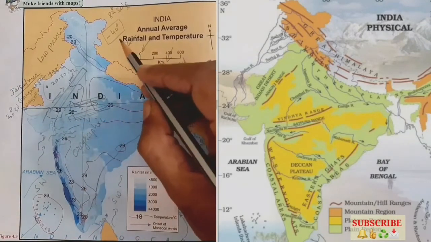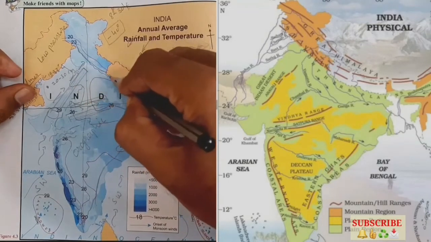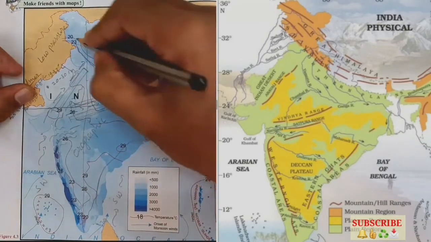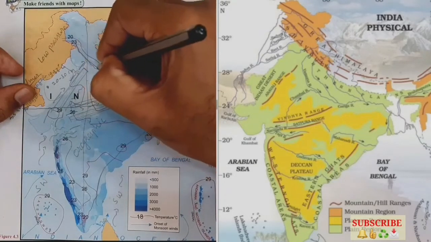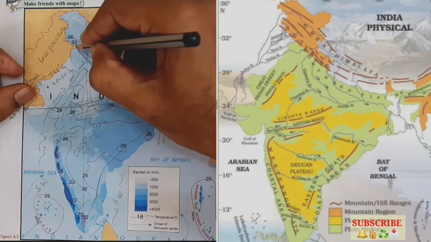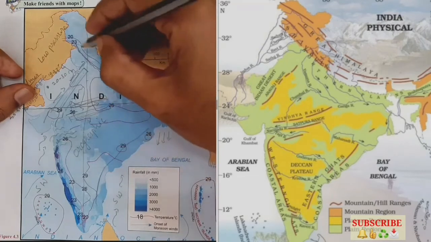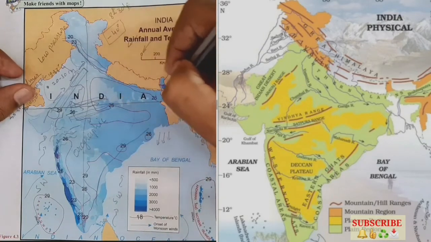Because of not having obstruction, what happens, students? The winds directly go on, and are obstructed here, where the Himalaya and the Shivalik are. Because of the obstruction created by the Shivalik, we receive rainfall at the Himalayas or the foothills of the Himalaya.